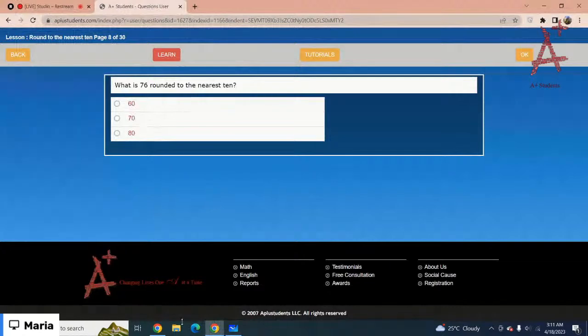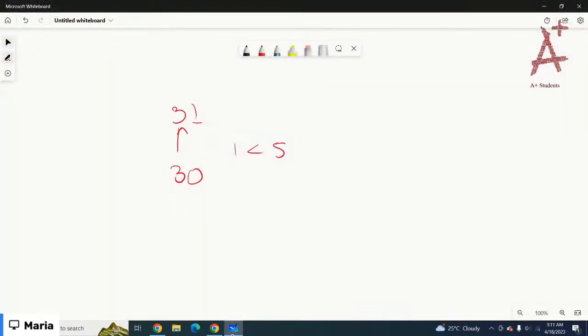Okay, the next one is 76. 76 is rounded to the nearest 10. So 7 is at the 10th position. Got it? On the right hand side, you have 6.